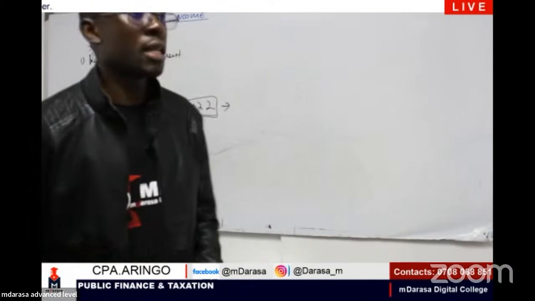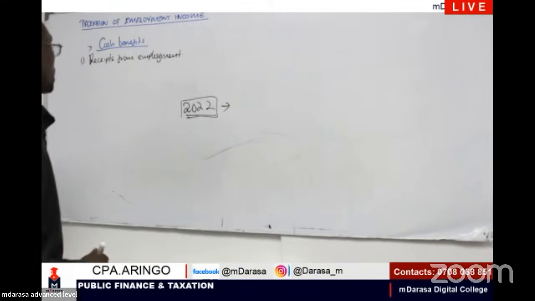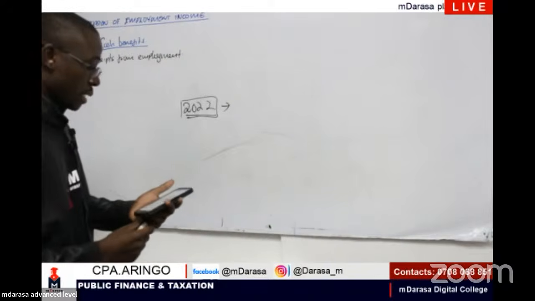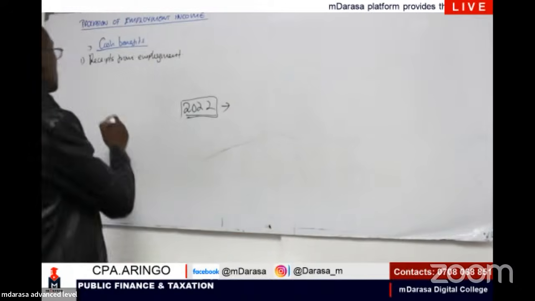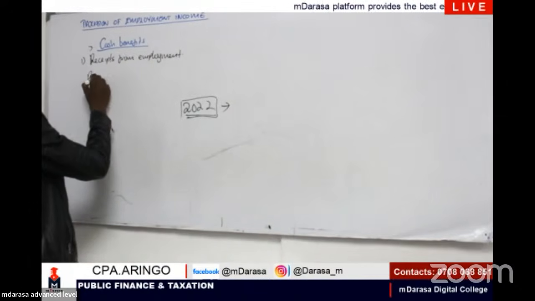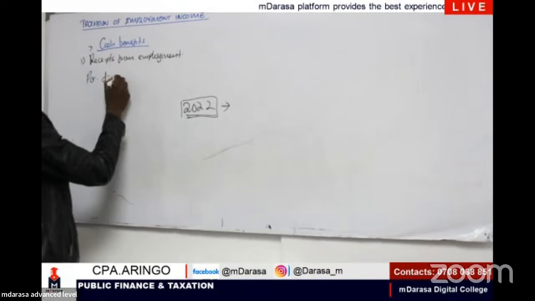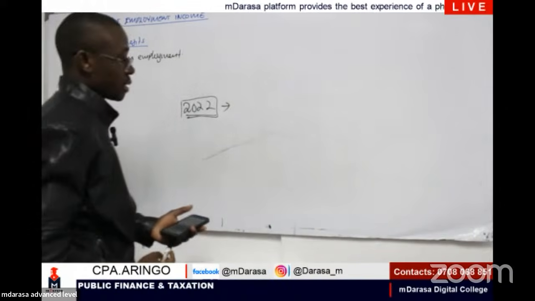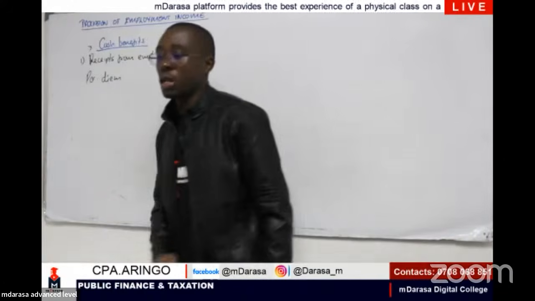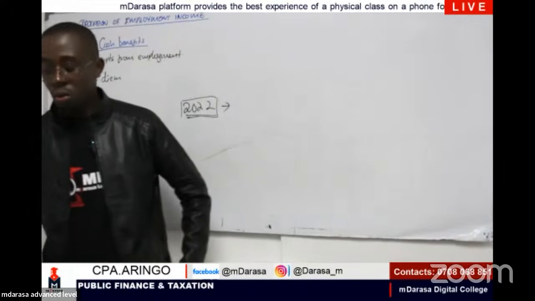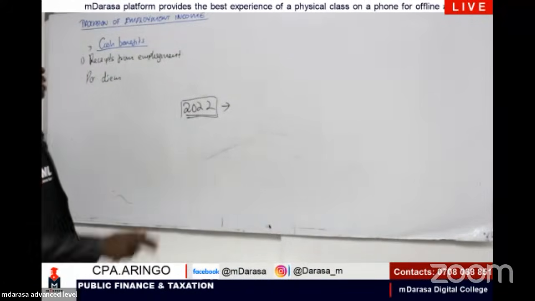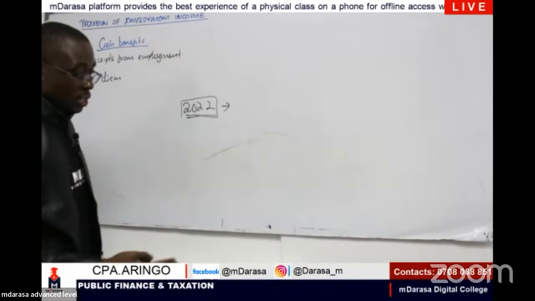The other case where we can talk about cash benefits is per diem. Per diem is literally daily allowances, currently standing at 2,000 per day. Of course, that is a set limit; we'll be looking at it later on.